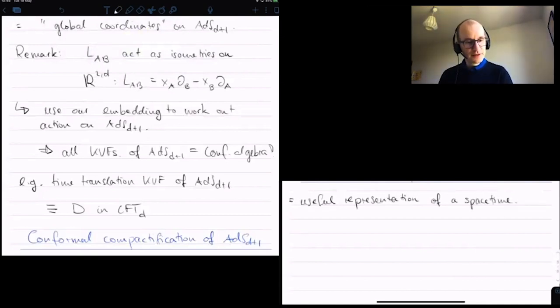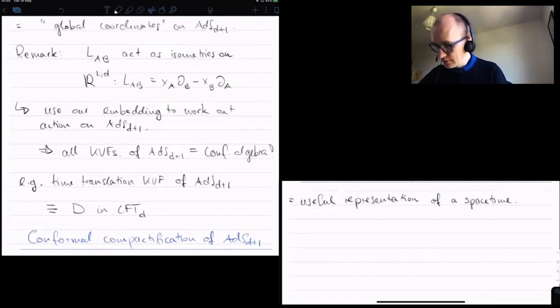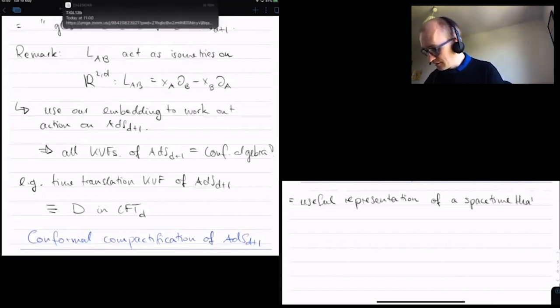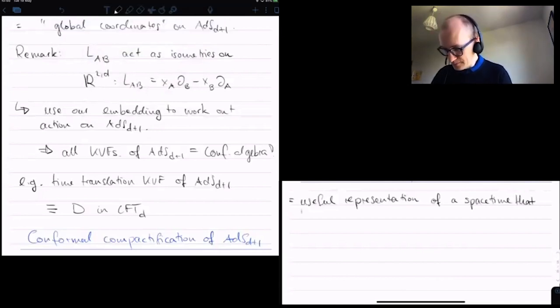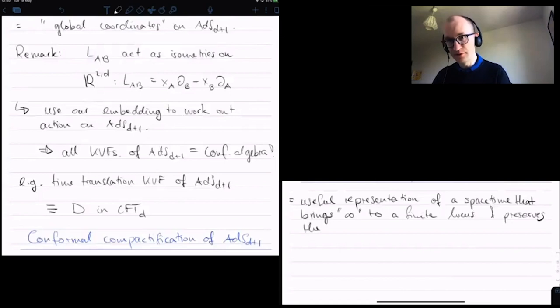It brings the notion of infinity of a space-time, so the idea of points that are at infinite distance, to a finite locus, let's say, and it preserves the causal structure. So it locally preserves the light cones.